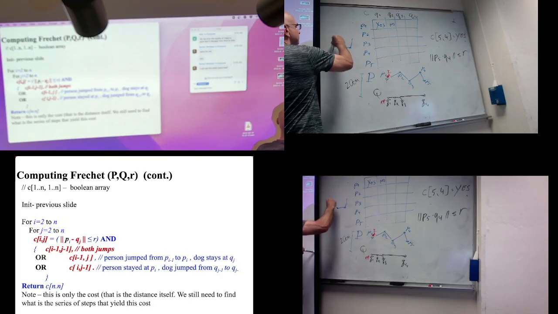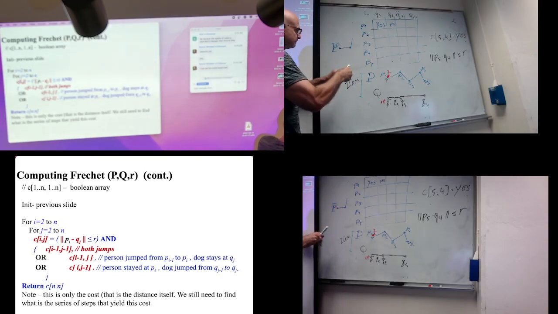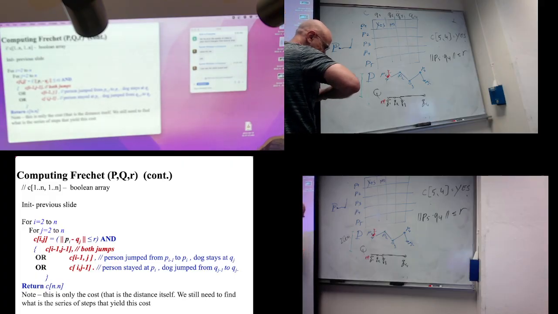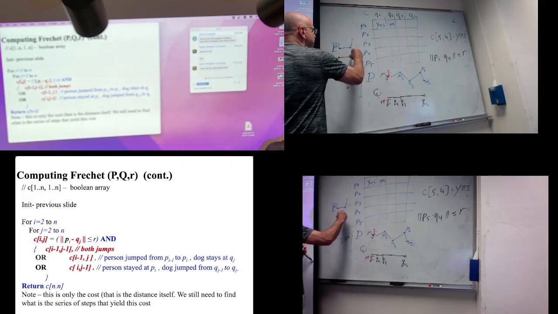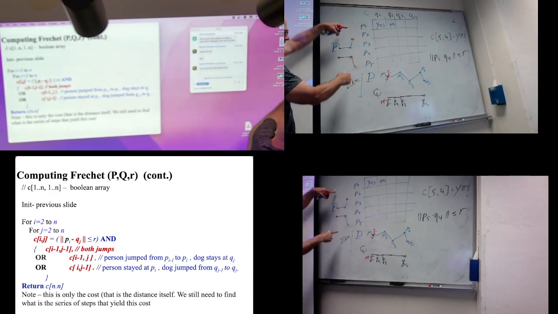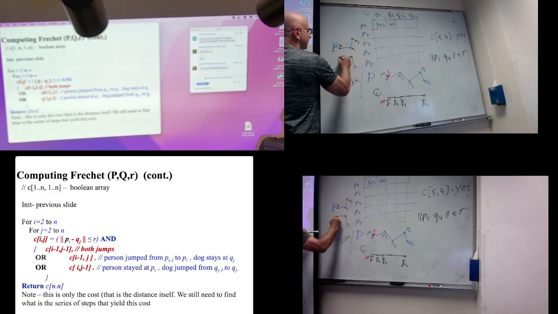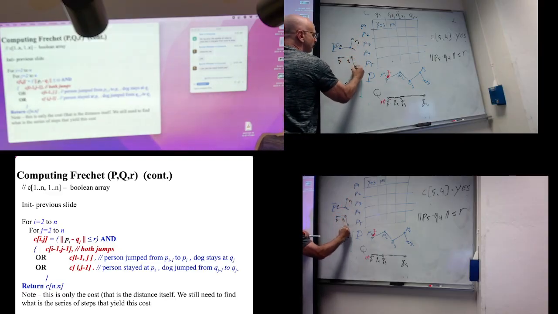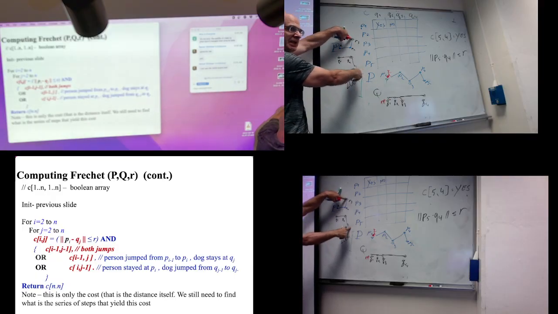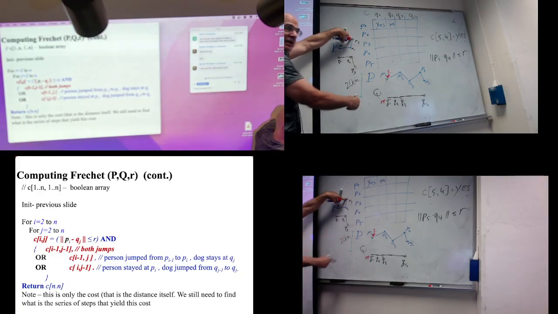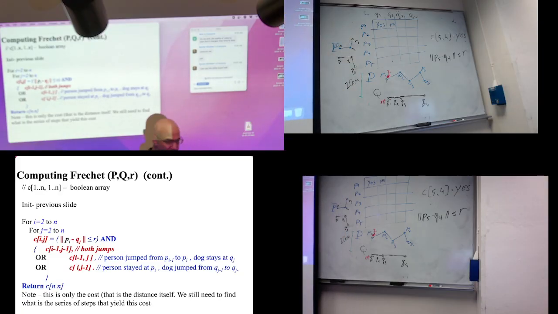Here is P, here is Q, P1, P2, P3, Q1, Q2, Q3. And if the distance between P3 and Q3, the final destination, is more than the length of the leash, then the answer in Cij should definitely be no. You cannot do the whole trip because you cannot even finish it at this point.